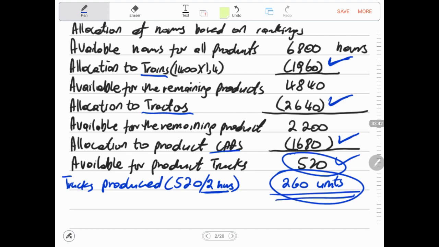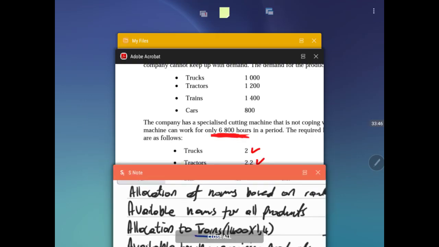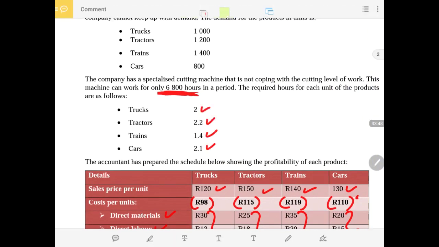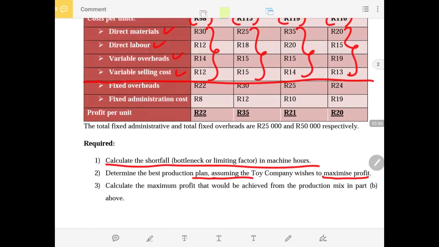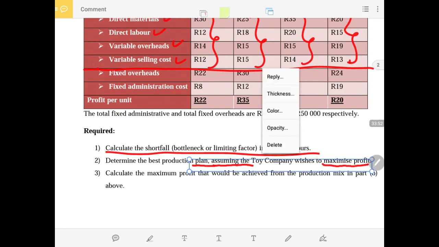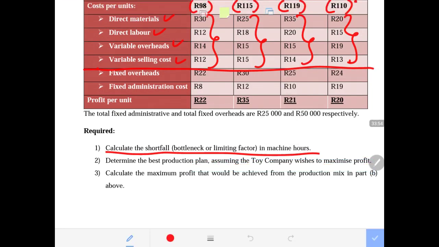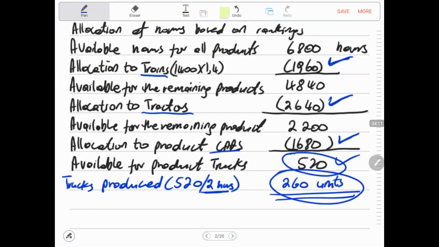So now we have responded to the second requirement, and the third part now is to respond to the third question. The third question said to calculate the maximum profit that will be achieved from the production mix in part B above. So now we need to calculate the maximum profit.